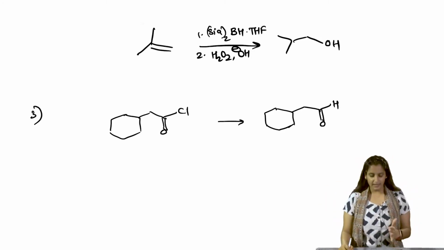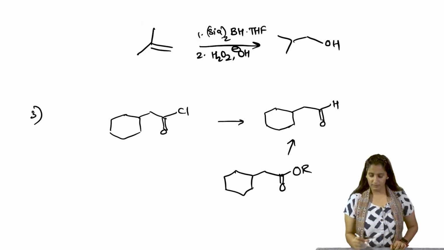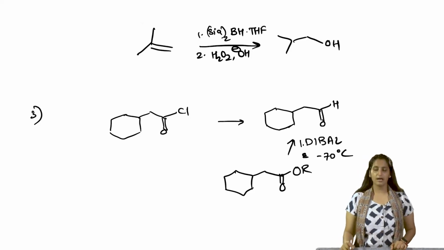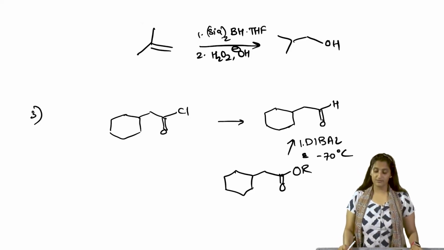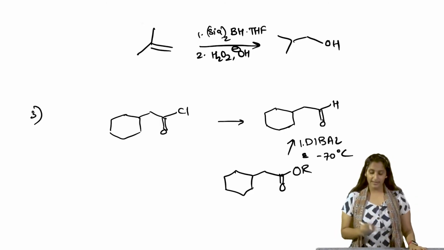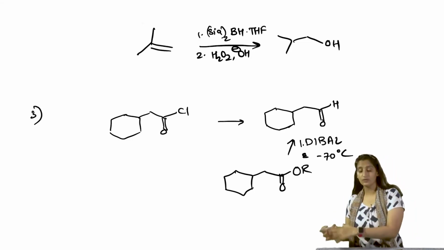So, instead of that, what we can do is we can start from an ester, any ester for that matter, and we can use DIBAL as a reagent, and the main condition is that it has to be done at a really low negative 78 degrees centigrade to make sure that the aldehyde does not get converted to the alcohol.